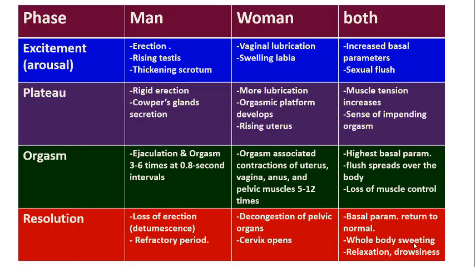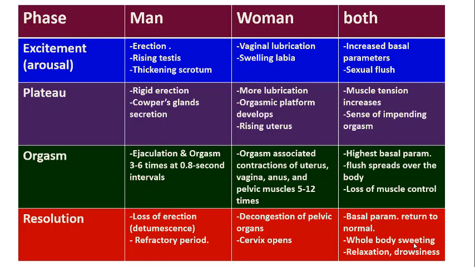Let us summarize the changes that occur during these different phases. The first phase, the sexual arousal phase, is characterized by erection in the man. What is erection? Erection is filling of the penis with blood during sexual stimulation. There is also rising of the testes and thickening of the scrotum.